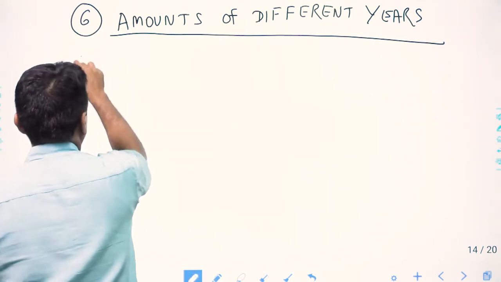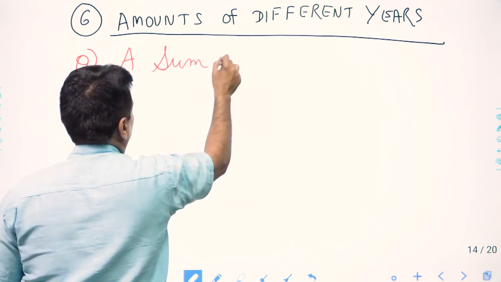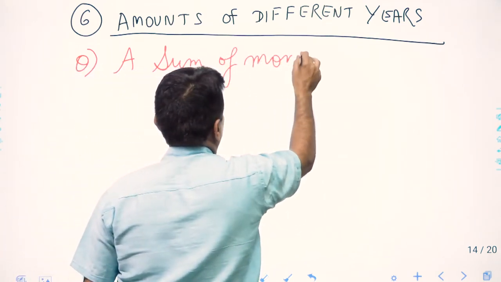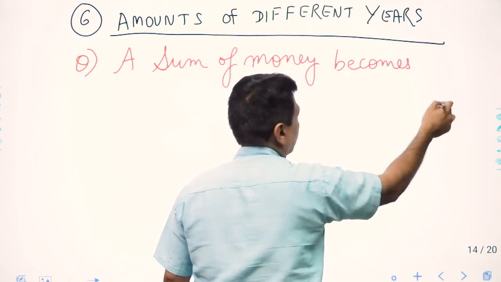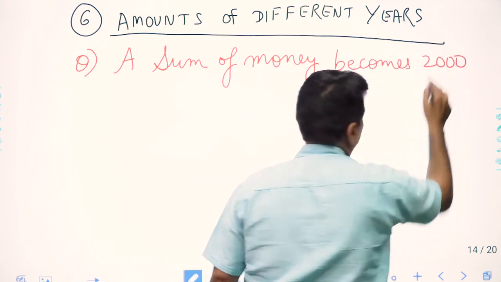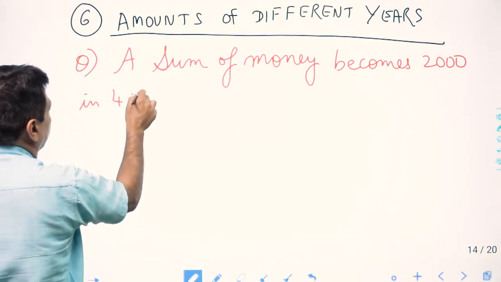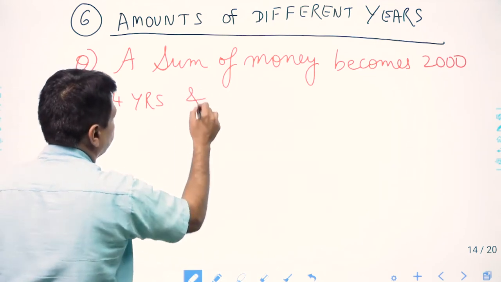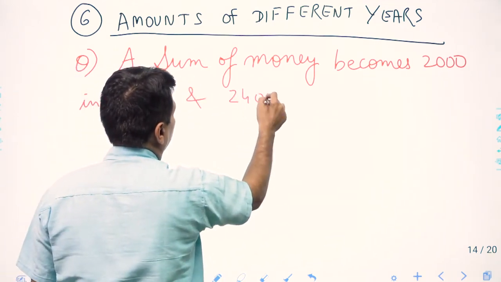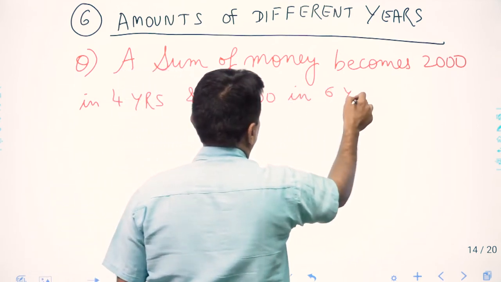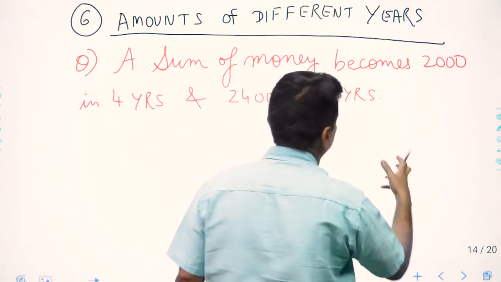Suppose I say a question: a sum of money becomes $2,000, becomes means amount, in 4 years and 2400 in 6 years. Find the simple rate of interest.